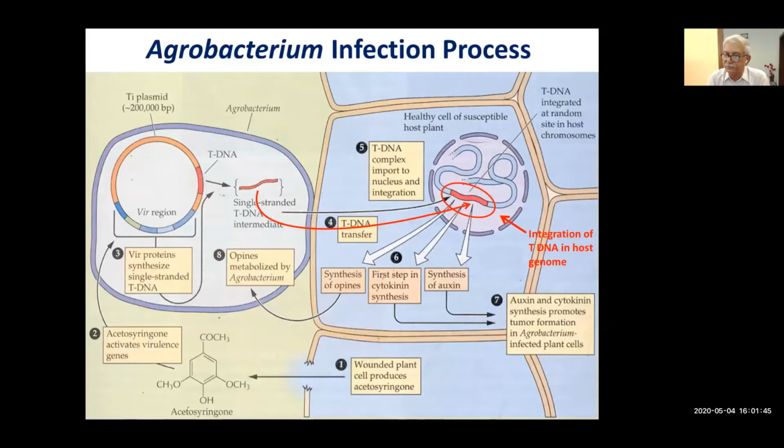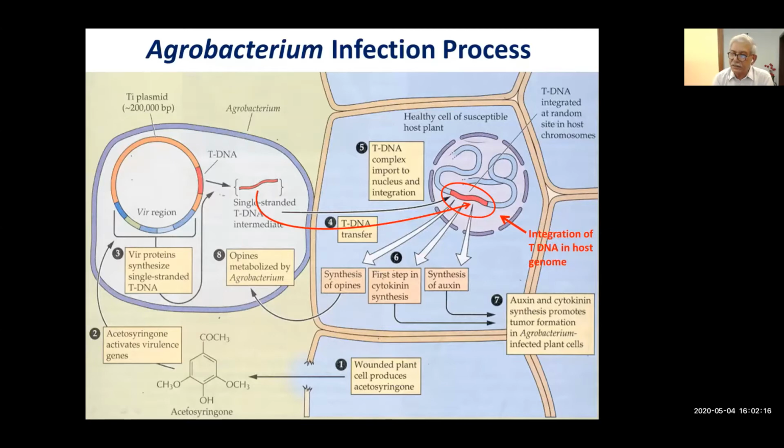an uninfected plant cell. Okay, so what happens is that this decreased pH and acetosyringone triggers the VirA gene, which codes for the VirA protein. And VirA protein is actually constitutively expressed and is present in the cell wall of the Agrobacterium.